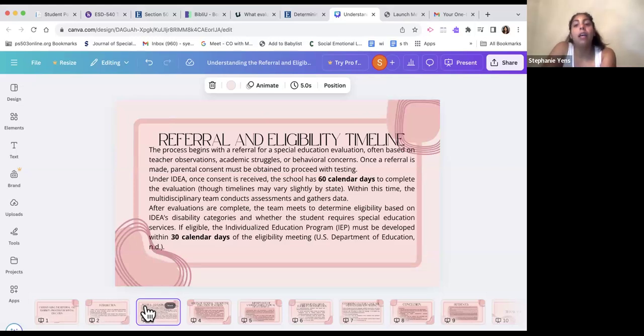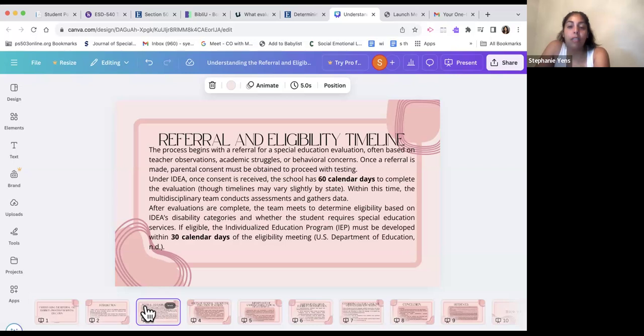So the referral and eligibility process timeline: students who are being referred for special education evaluation, it's often based on teacher observation. So the general education teacher, if they notice that the student's struggling or there are some behavioral concerns, and then once the referral is made under the IDEA, they have to let the parent know.